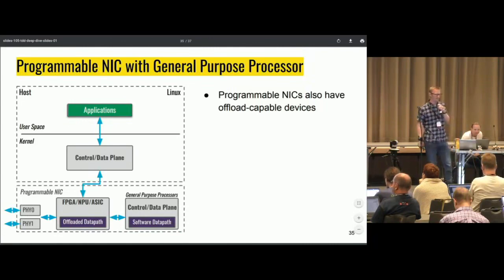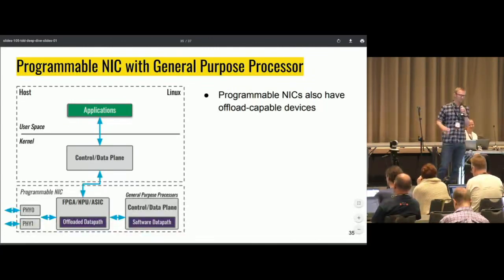The simple fact is we're building these chips that are pretty large and have both the general purpose, maybe ARM or MIPS cores on the side with a fixed function ASIC. But there are also people building NICs that, in addition to that, have FPGAs or NPUs as well.